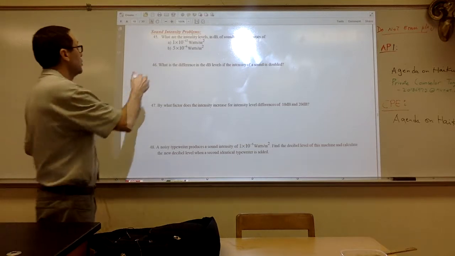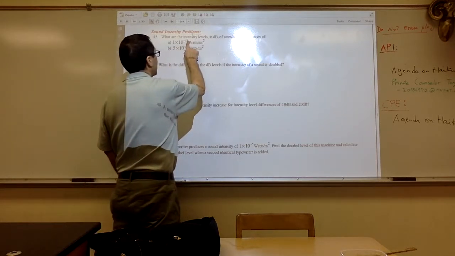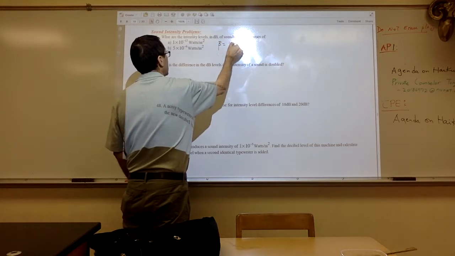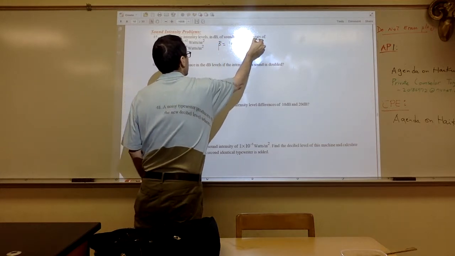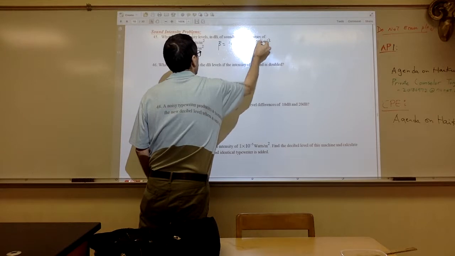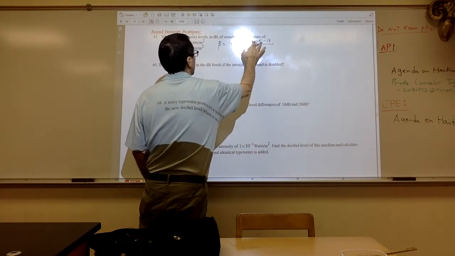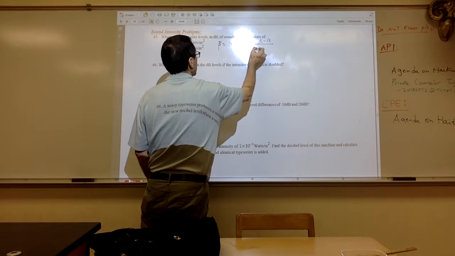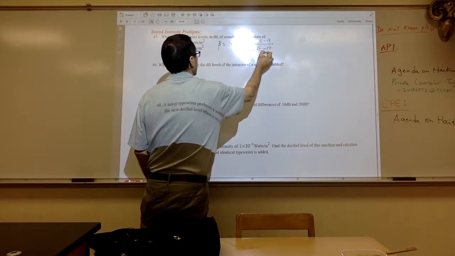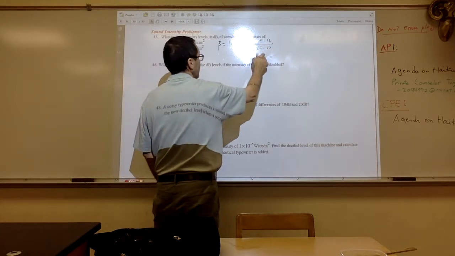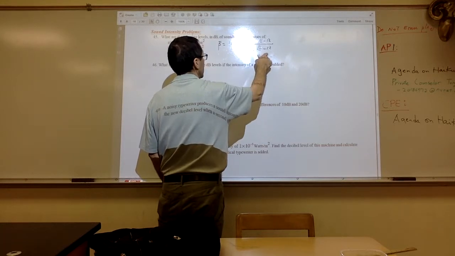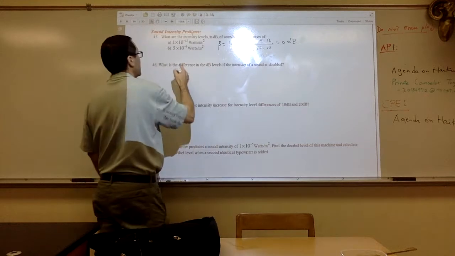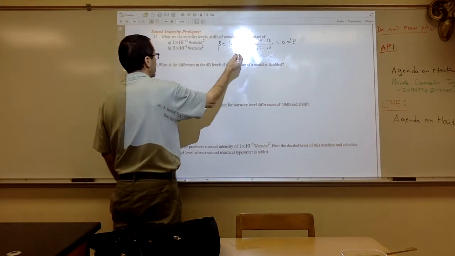So for 10 times 10 to the negative 12, beta is 10 log of 10 to the negative 12 over 1 times 10 to the negative 12, the threshold of hearing, which is the same. Now you know the log of 1 is 0, so this is going to be just 0 decibels. If you do 5 times 10 to the negative 6, you do the same thing.